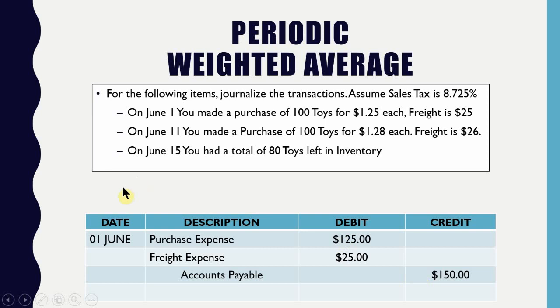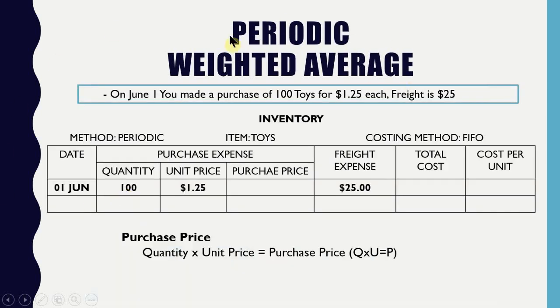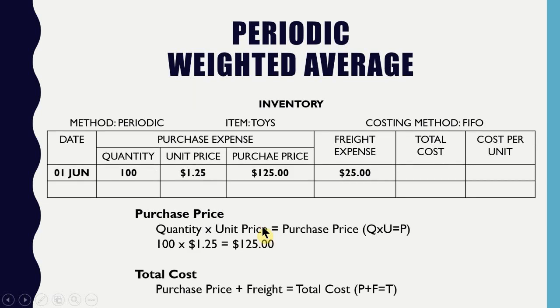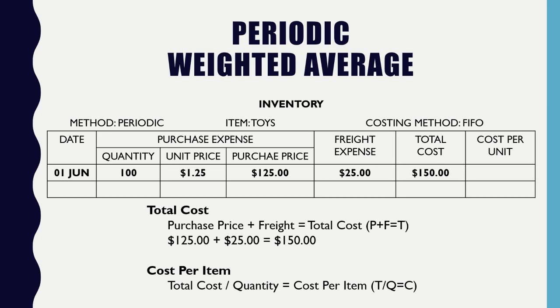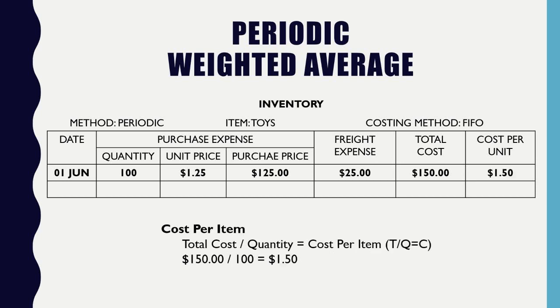Now we're going to put it into our inventory worksheet. We recognize that the same equations are going to pop up again. We find our purchase price, which is $125. Our freight is $25, so now we have a total of $150.